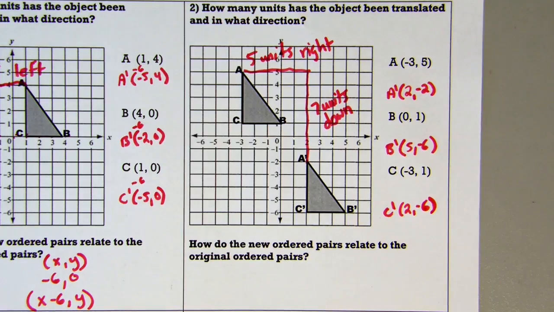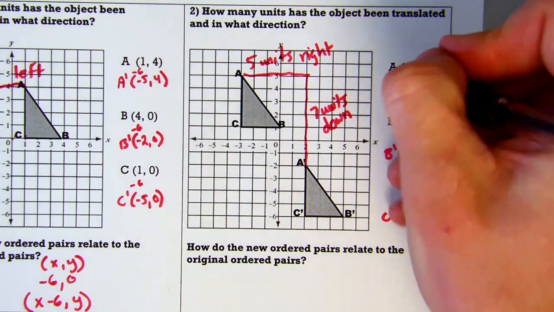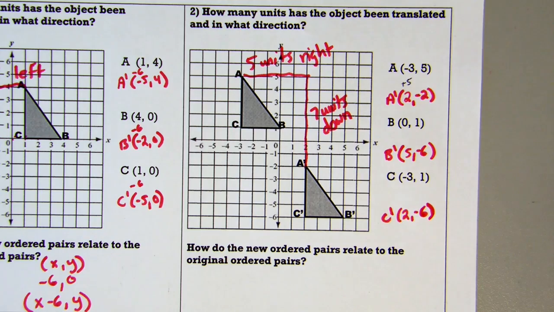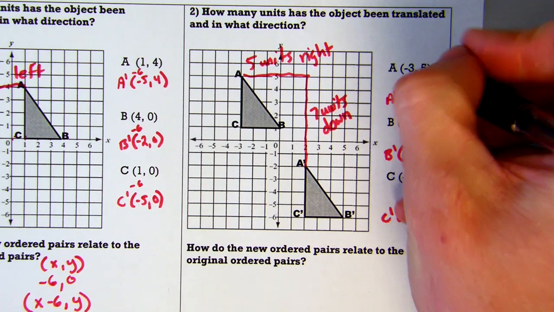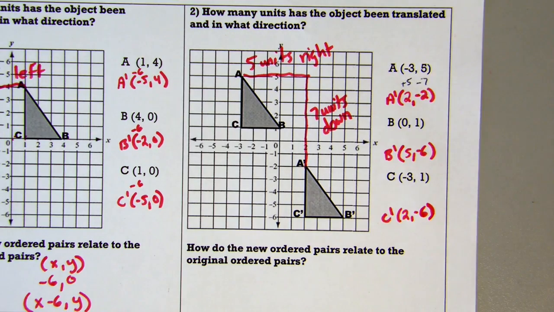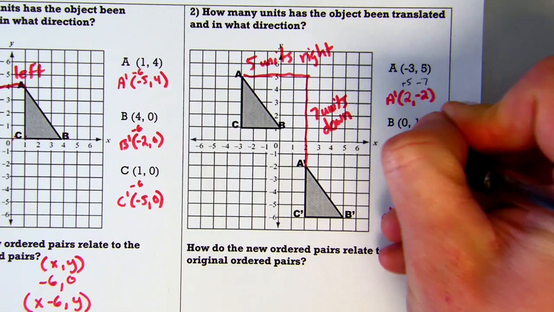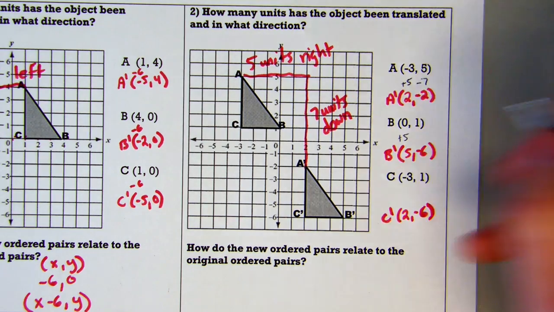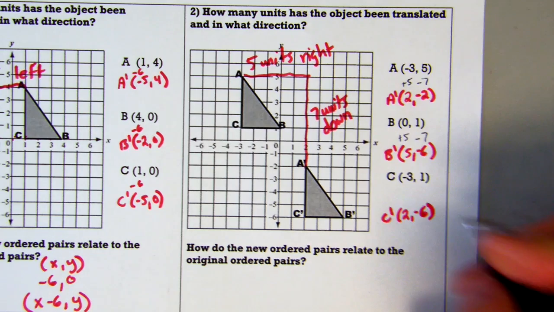Then we're going to check to make sure that works by using our 5 units to the right, 7 units down. If we go 5 to the right, it is a plus 5. And yes, negative 3 does turn into 2. If we go 7 units down, it's a minus 7. So our y turns from 5 to negative 2. Plus 5 for our x goes to 5. Minus 7 for our y goes to negative 6.